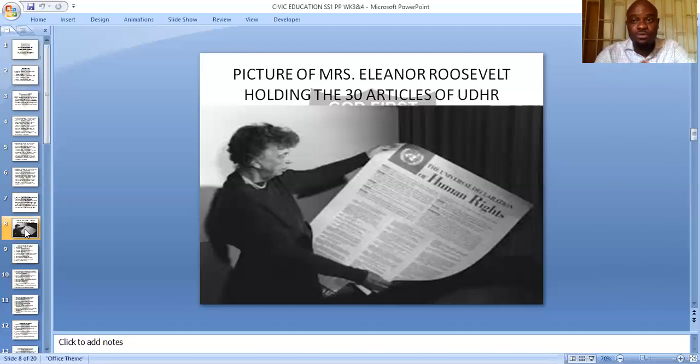I know most of you have done it, and some of you haven't. But now I'm going to show you the 30 articles of UDHR that I was able to pick out on my own. I only picked out the major point of each article from Article 1 to Article 30.